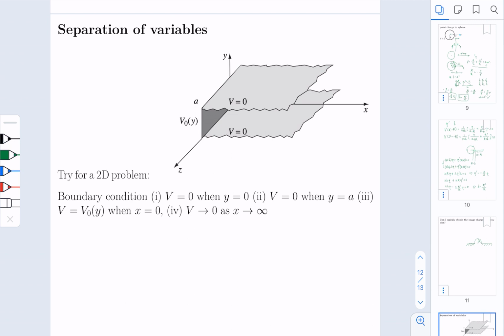Most problems cannot be solved by using this image charge technique, but using the separation of variables, you can actually solve a series of problems, or many problems, very systematically.